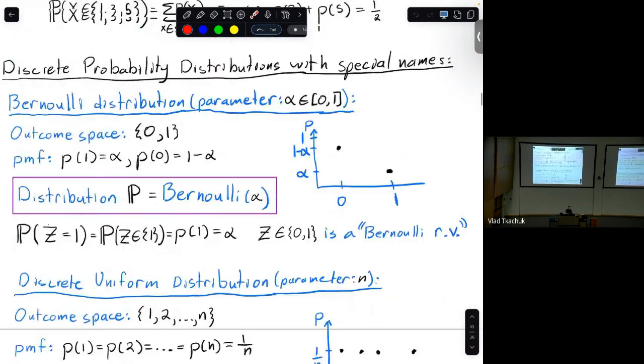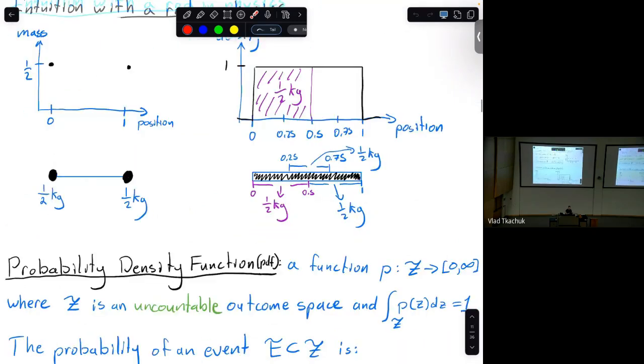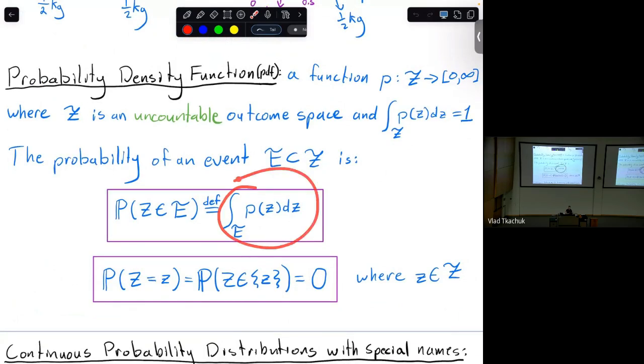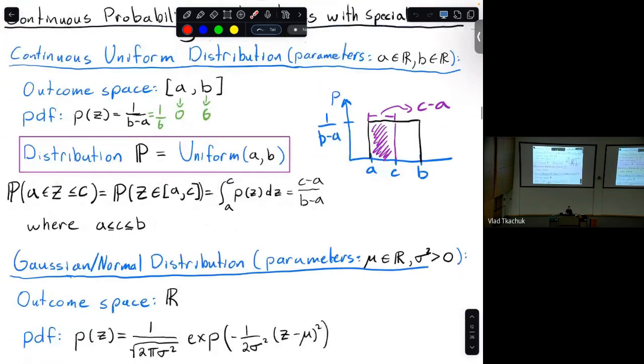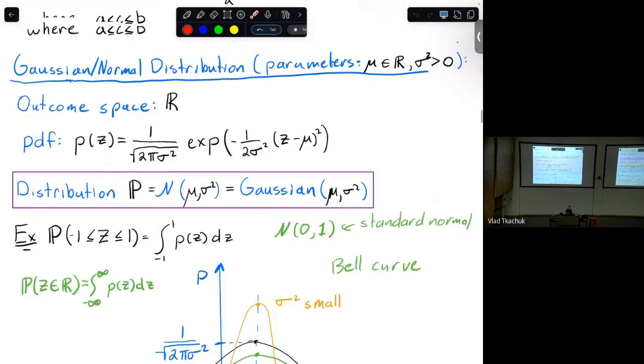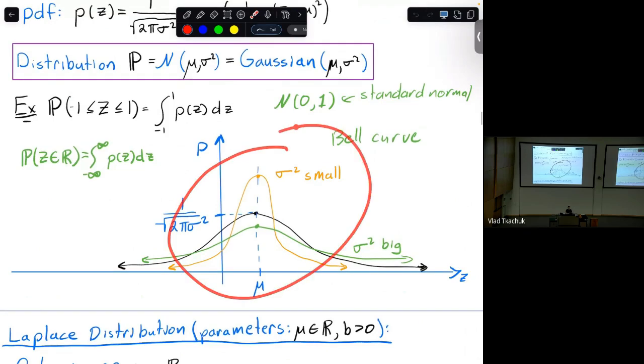PDFs allow you to calculate the probabilities for continuous random variables. With PDFs, you integrate. With PMFs, you sum up over the corresponding outcomes. Okay. And then there were various famously known named distributions like the Gaussian, which has this density.